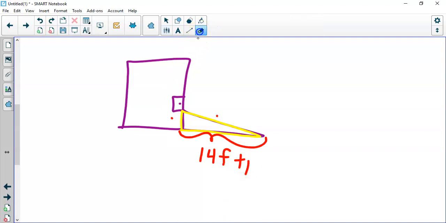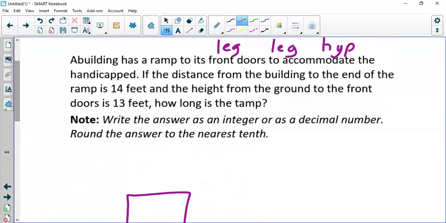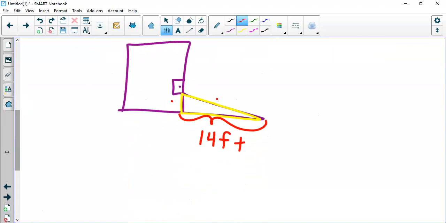Cool beans so far? All right. And then it says the height from the ground to the front door is 13 feet. Was that place 1 or 3? 1. Good. So this is 13 feet.